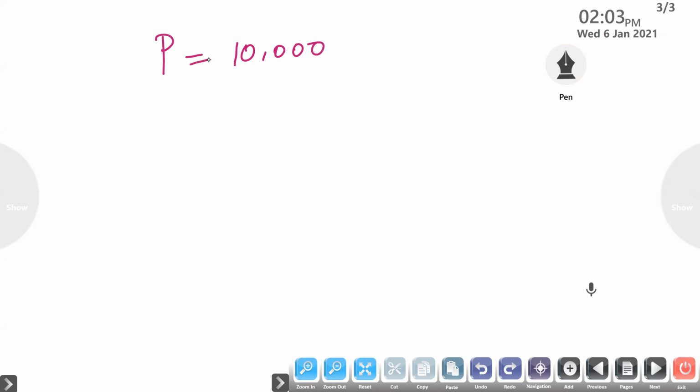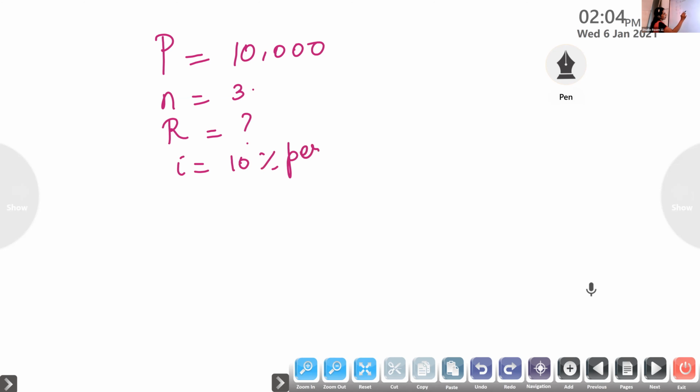The interest charged is 10% per annum, but he is paying at the end of every 6 months, so we divide by 2: 10 by 2 into 100, so i is 0.05. We use the formula P is equal to R into 1 minus (1 plus i) whole raised to minus n, by i.